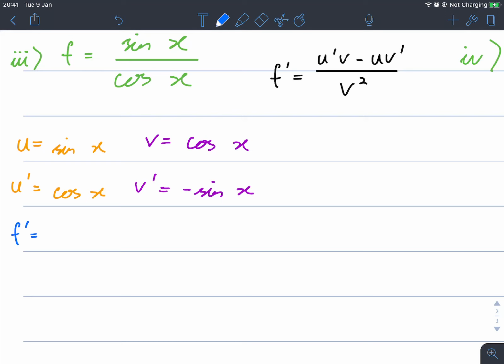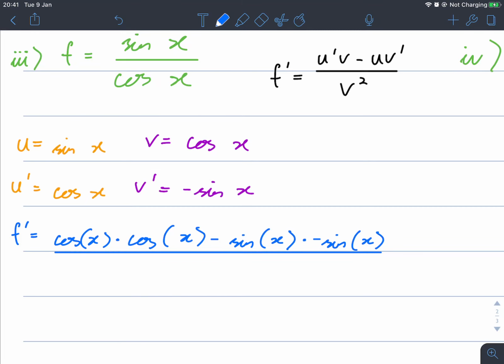F prime is equal to u prime cosine of x times cosine of x, which is v, minus u, which is sine x, times negative sine of x, all over v squared, which is, well, you saw in the previous one, it just becomes cosine squared of x.